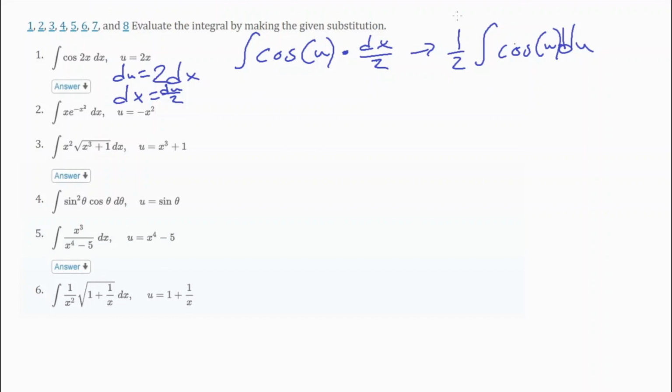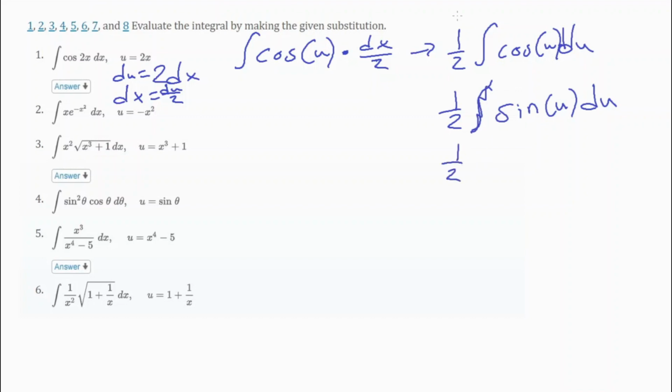So now all we need to do is find the antiderivative of cosine u, which is going to be sine u. So it's going to be sine u and du. And now all we need to do is just plug in 2x for u. So if we plug in 2x, we're going to have 1 half.